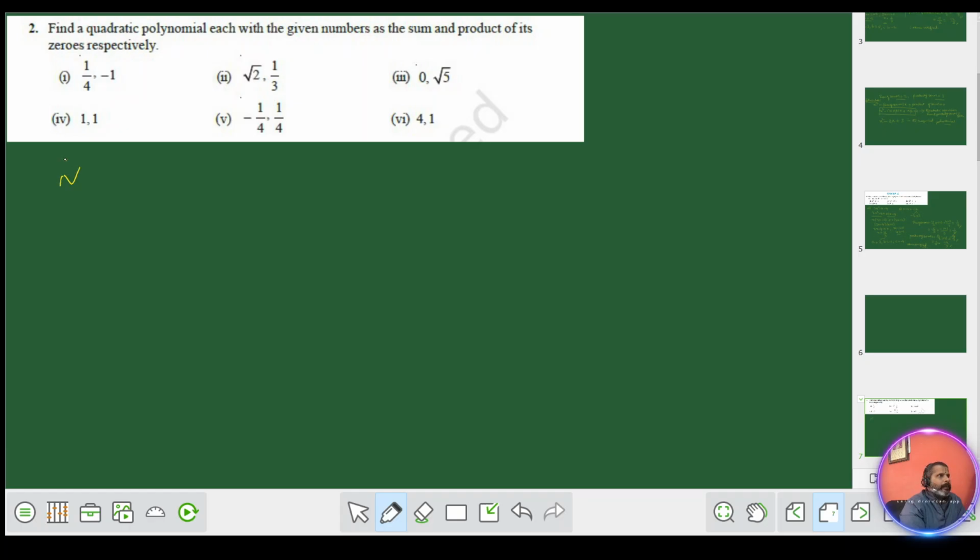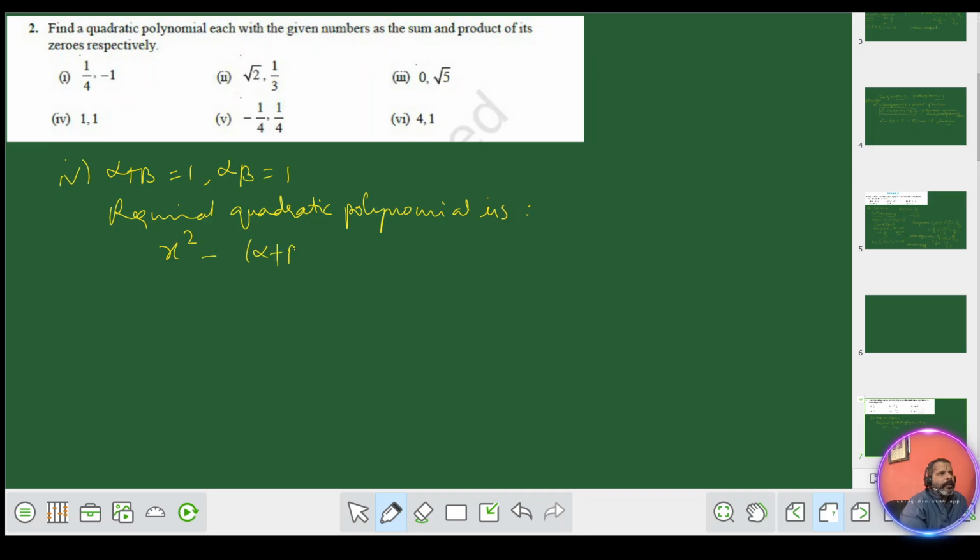Fourth one. Alpha plus beta is 1. Alpha beta is 1. So the required quadratic polynomial is, you have to write the formula first, x square minus alpha plus beta x plus alpha beta.